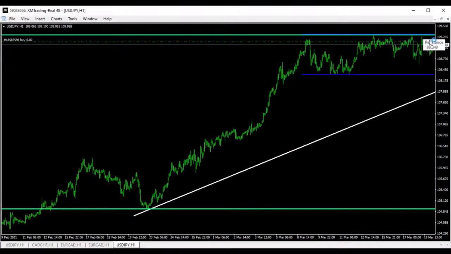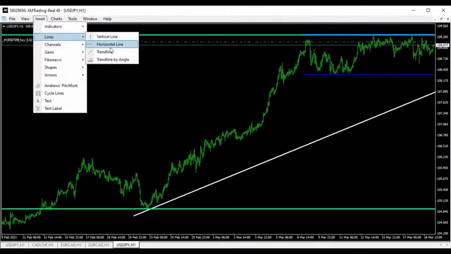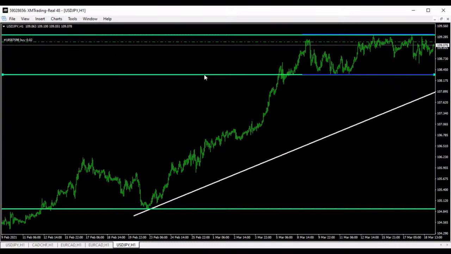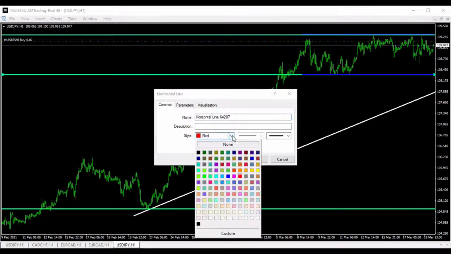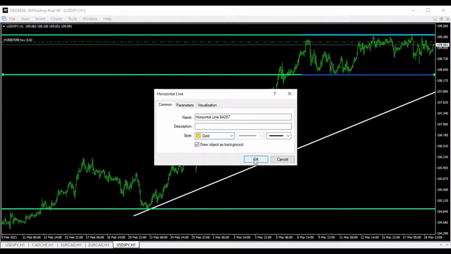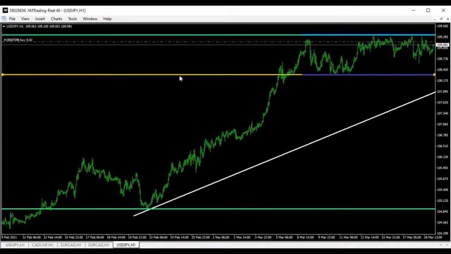Then we are expecting a touch on the 200 low to create a new 200 low, which means I'm going to put a line on the 200 low. Let me make it a yellow line to say that, yep, if the price gets there, it's a buy zone. I target a buy zone.